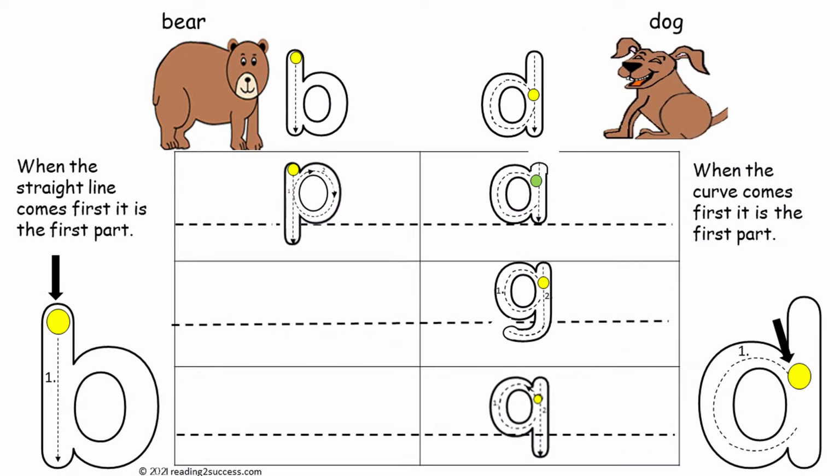When letters are formed with a straight line and a curve, we start with what comes first. We start with the straight line to form the letter B, as in bear, and we start with the curve to form the letter D, as in dog.